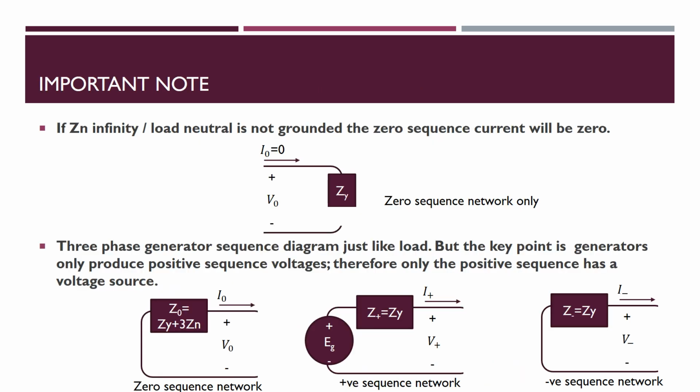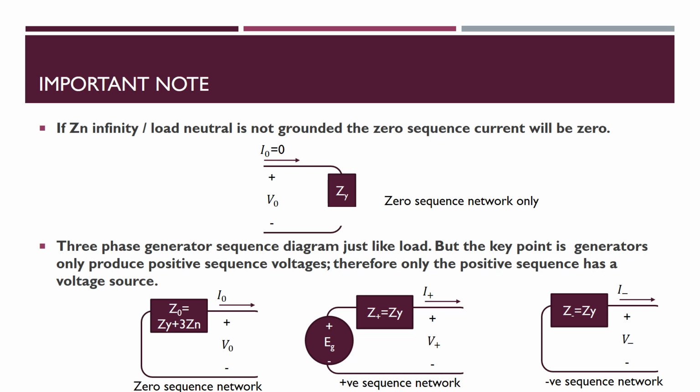Similarly, we can have some important notes. In the zero sequence network, only the neutral impedance has a greater impact, appearing in series as 3 times the neutral impedance. If the neutral impedance is infinity, meaning the load is ungrounded, there is no zero sequence current flowing through the network, so V0 is equal to something like that, and there is no neutral current.